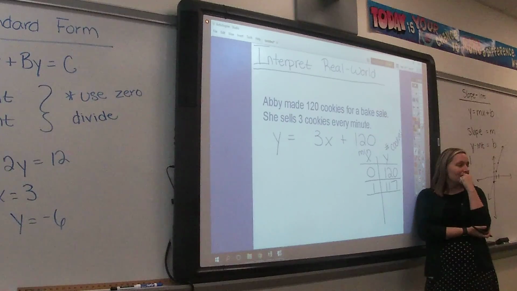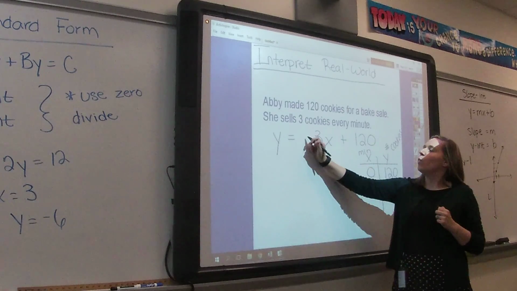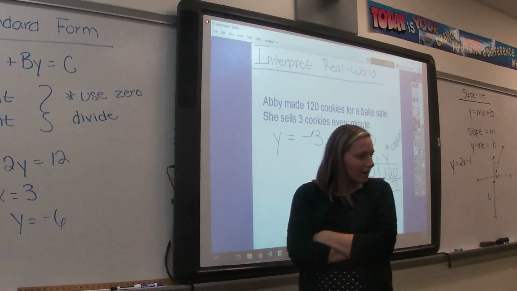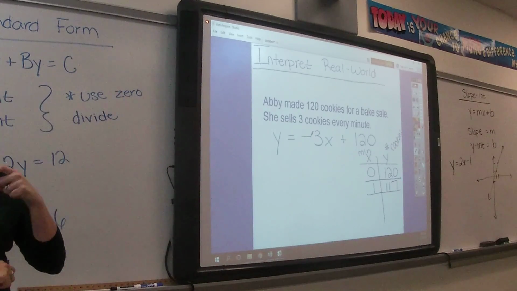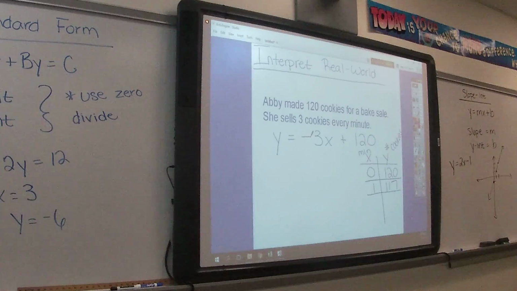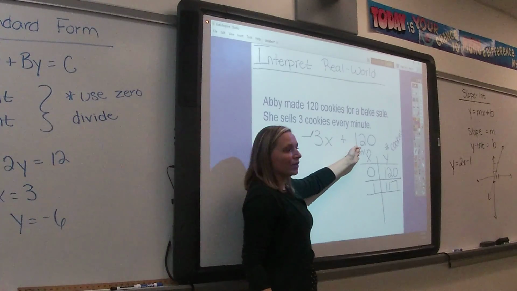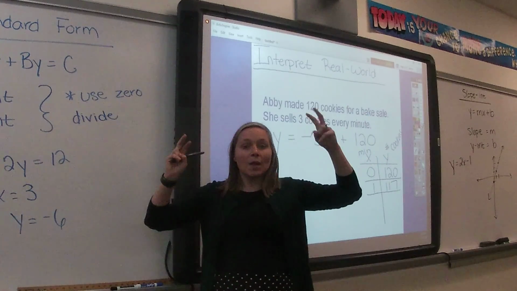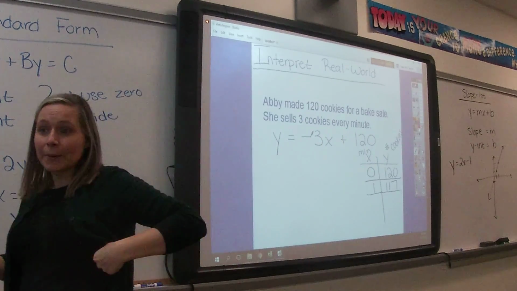Sherry? Why a negative 3x, Sherry? Because we're selling them. Is she gaining cookies? No, she's losing cookies. We tend to have problems like this where they're a total problem, right? We're doing blank plus blank.